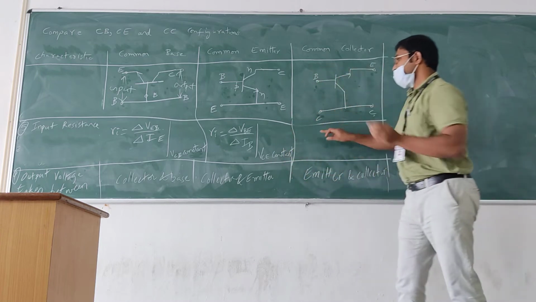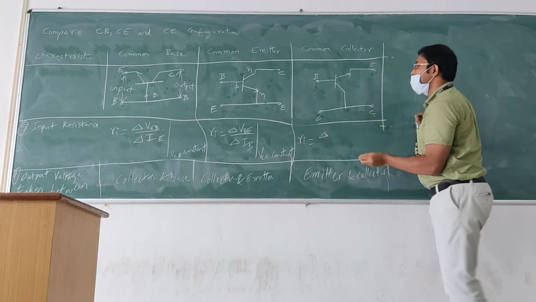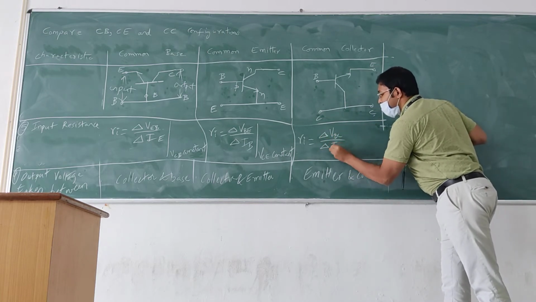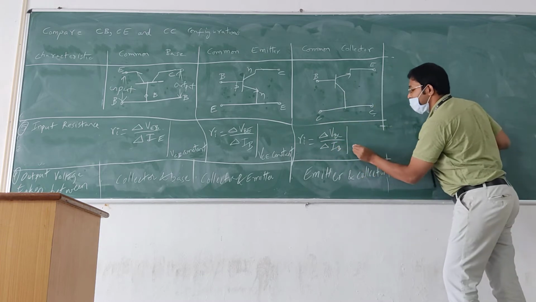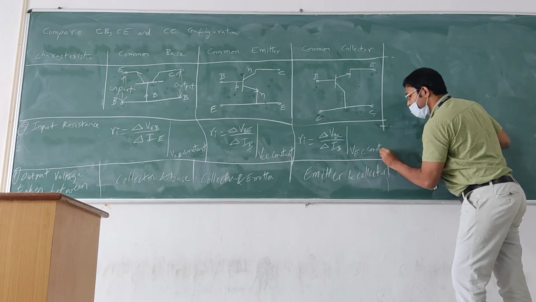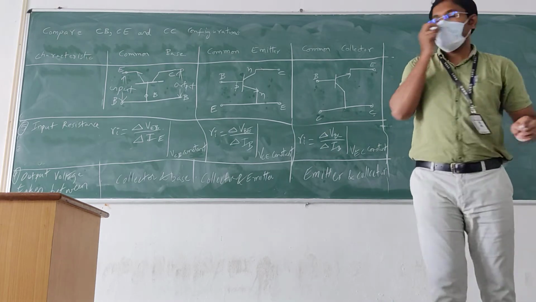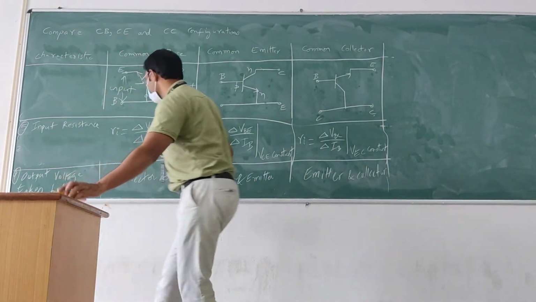Next, what about this case? Del V BC by del I B, with V EC constant. Right. So we got input resistance.